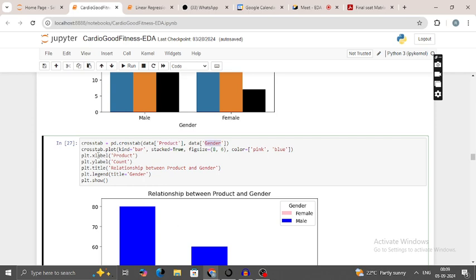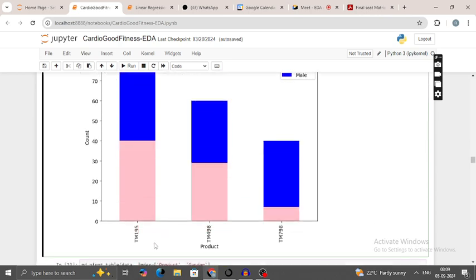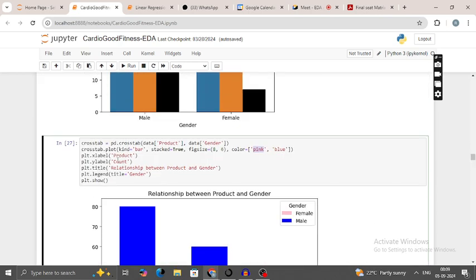You can use crosstab.plot with kind equal to bar, stacked equal to True, figure size, and colors, whatever you want. Pink and blue I have given. For the labels, on the x-axis I am labeling product, and on the y-axis the count of the product.